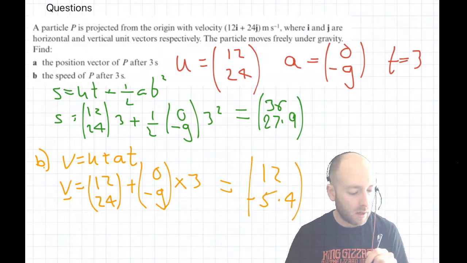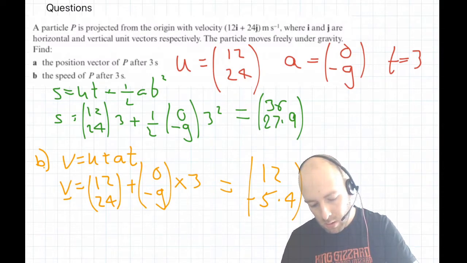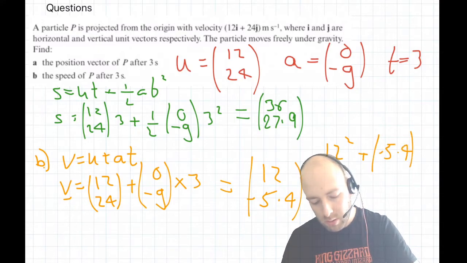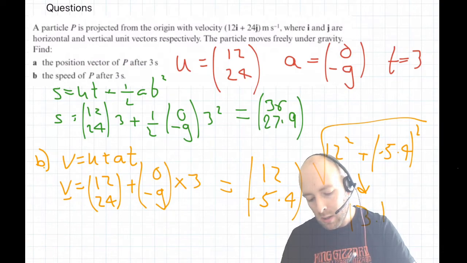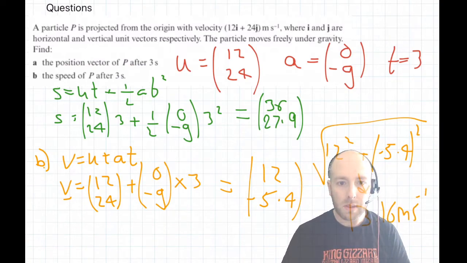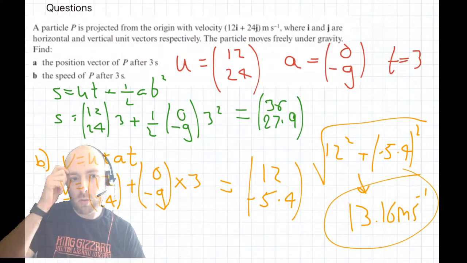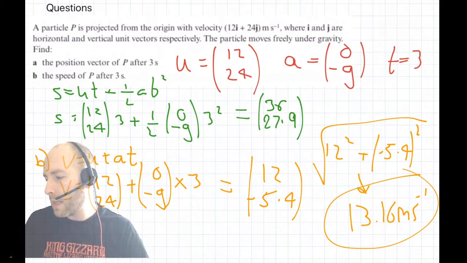And if we find the size of that, we get the square root of 12 squared plus minus 5.4 squared, which is 13.16 meters per second, which is our speed. Cool. Hopefully everyone's right with that. It was pretty standard.